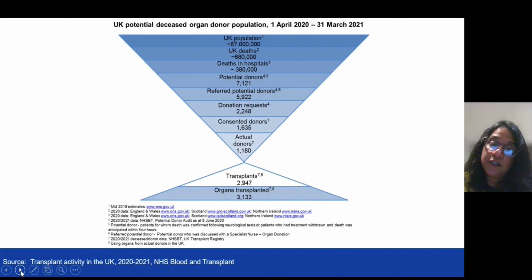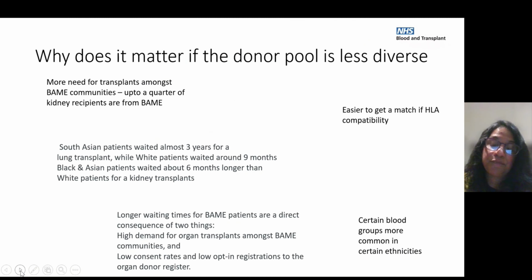This number falls further to 1,635, because that's the number of patients whose families have agreed to donation. And the actual donors then were about 1,118. So this is a pool that's diminishing. And this resulted in 2,947 transplants.